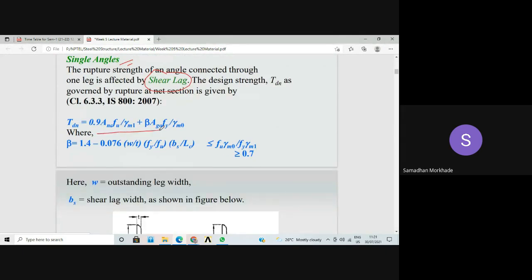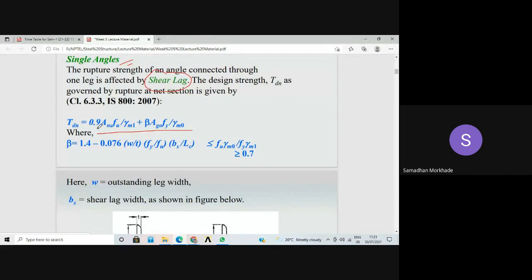Remember this formula, because the most commonly used sections for tension and compression members are angle sections. We have to frequently use this formula to calculate the design tensile strength due to net rupture.